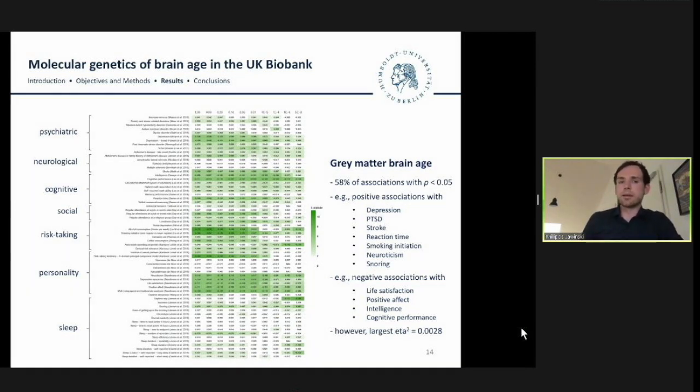For example, we have seen positive associations with depression, with stroke, with neuroticism. In contrast, negative associations were found for life satisfaction, for positive affect, and for intelligence. Nevertheless, the highest variance explanation that we observed reached about 0.3%. So the predictive accuracy of the polygenic risk scores was very, very low.